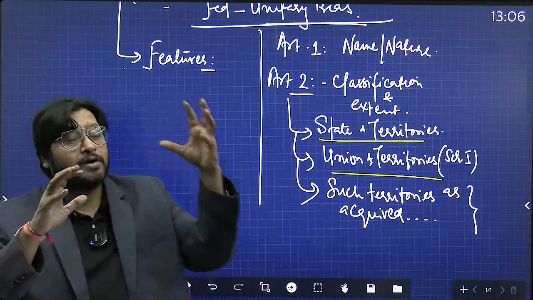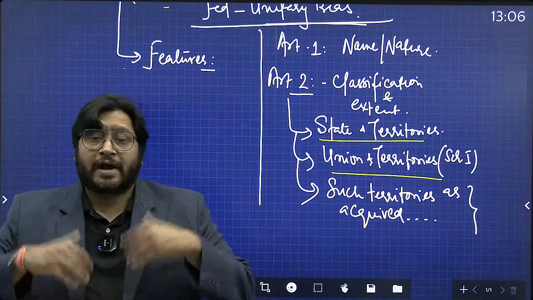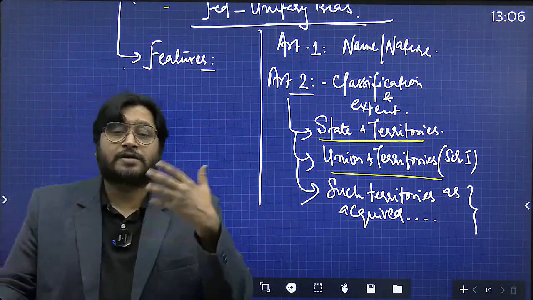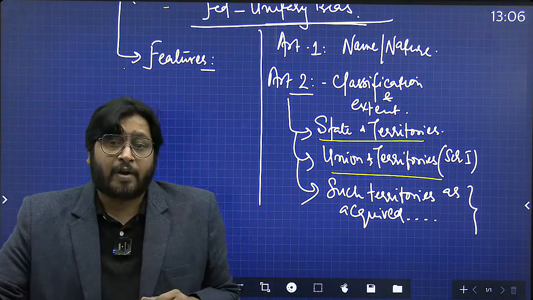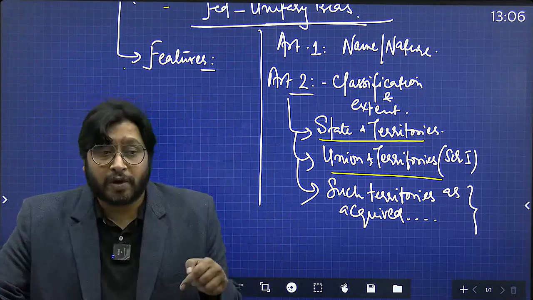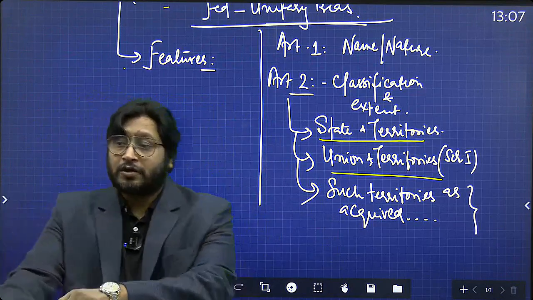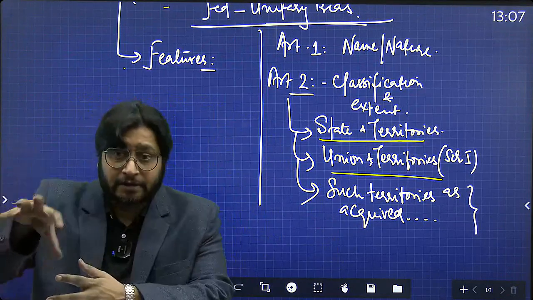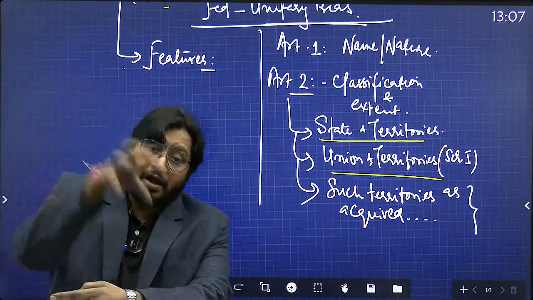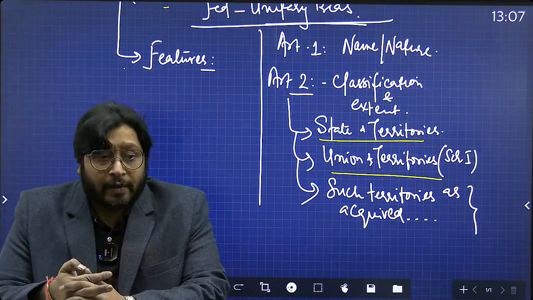So if India acquires that place, for example, it is not a state. It is not under the definition of a state government. But is it not part of India? It is. So we will not say it is not part of the union. It is part of the territory of India. So the territory of India includes the states, the union territories, and any other territory that belongs to us or may be acquired over a period of time, right?